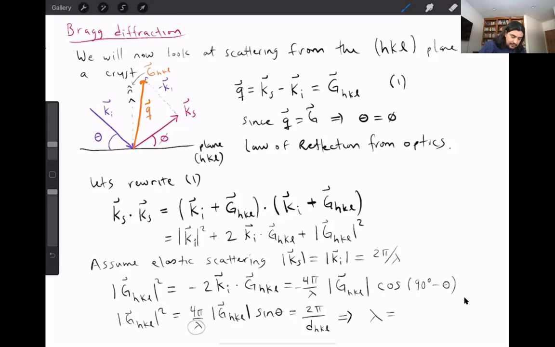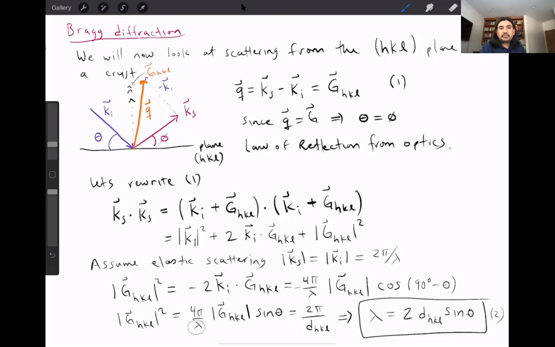The 2 pi's are there, and I can rewrite it as 2 times the distance between planes times sine of theta. This very important equation, I'll label it 2, is what Bragg wrote for his dissertation, for his thesis. This very important equation tells you what Bragg scattering is.